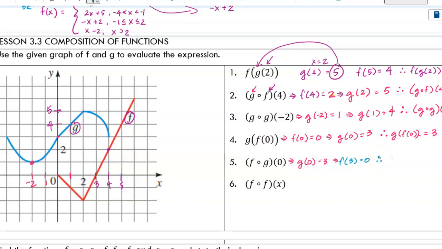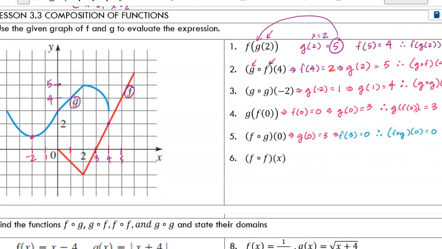So therefore, f of g of 0 equals 0. I think that's right. 3 for g, and then f, put in 3, and it's going to give me a 0.